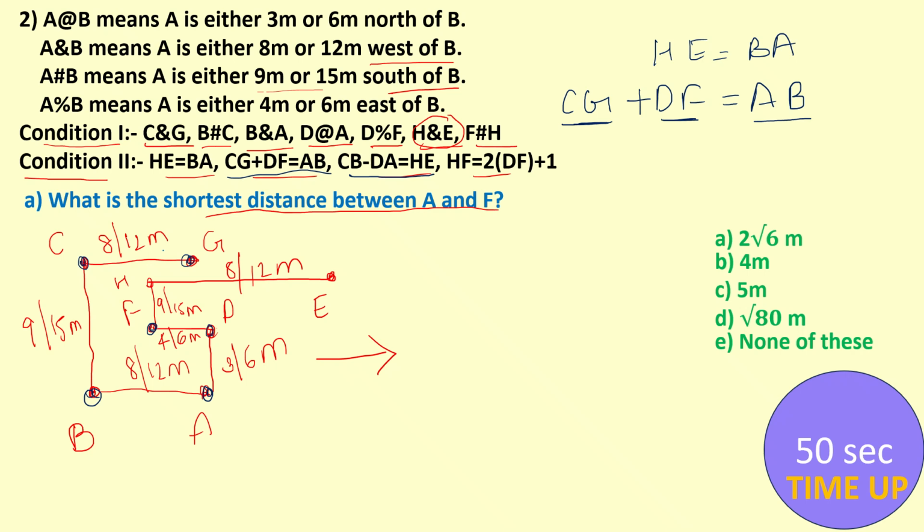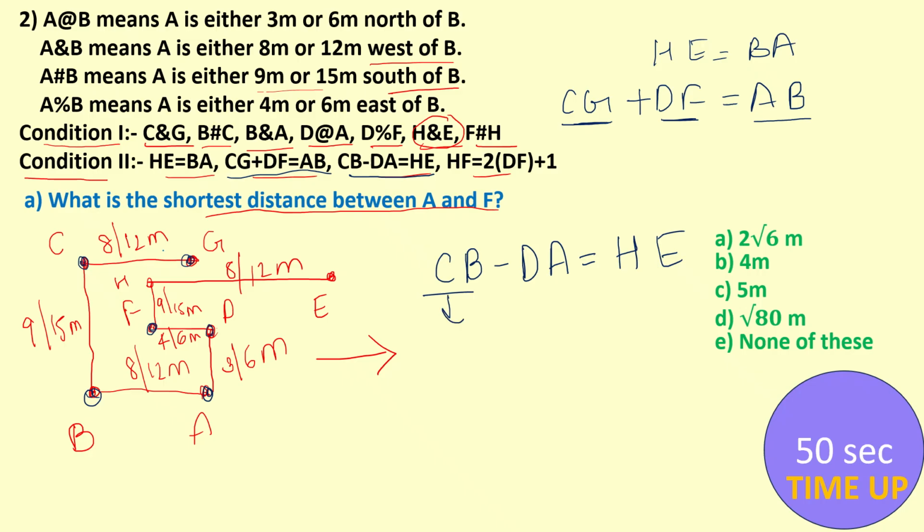This problem has to be solved properly. Otherwise, if you get all the distances wrong, then the whole problem will be wrong. So take your time because it's a main level problem. Okay, so if I go for the next one, CB.